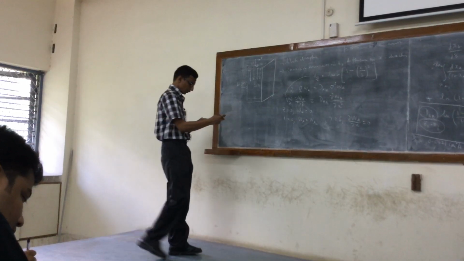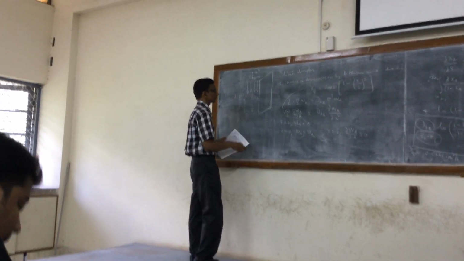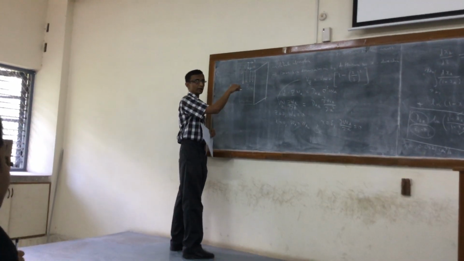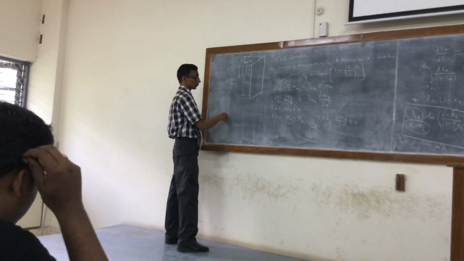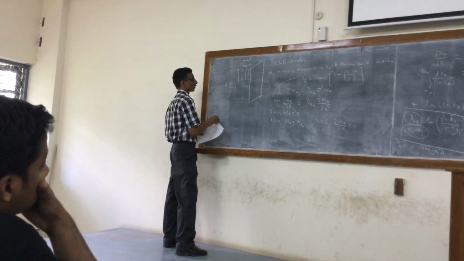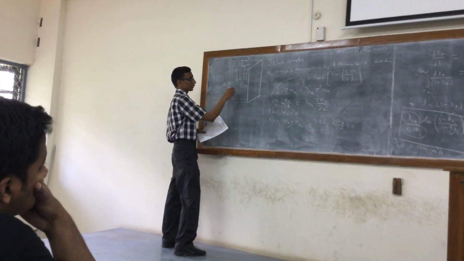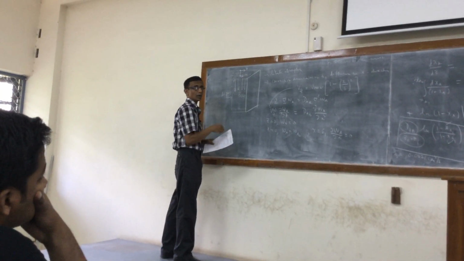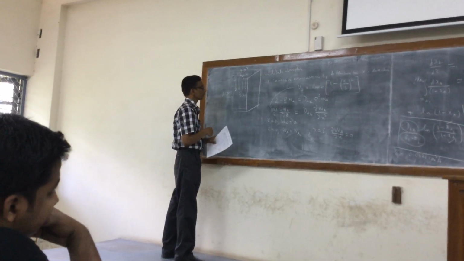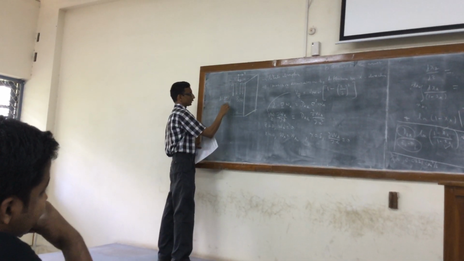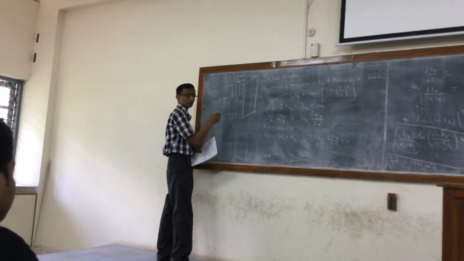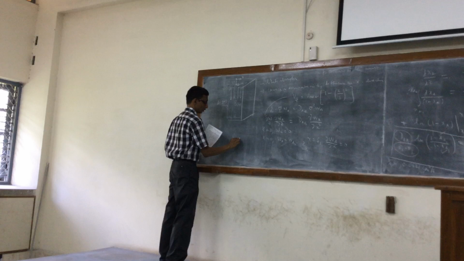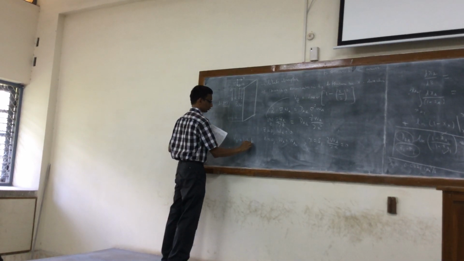So there are certain simplifications that are done, and the first simplification is that it is assumed that the gas does not penetrate far enough into the film. You can see that the no slip condition means the velocity is 0 on the wall, right? So if the diffusion length is a very small fraction of delta, the first approximation that is done is v_z of x is approximately equal to v_max.